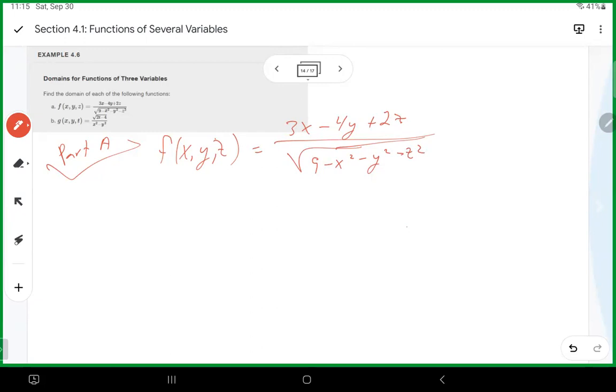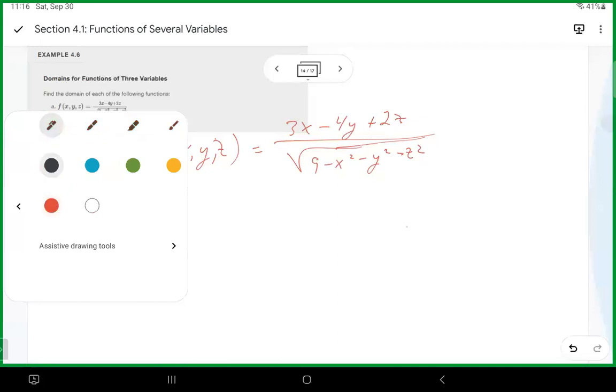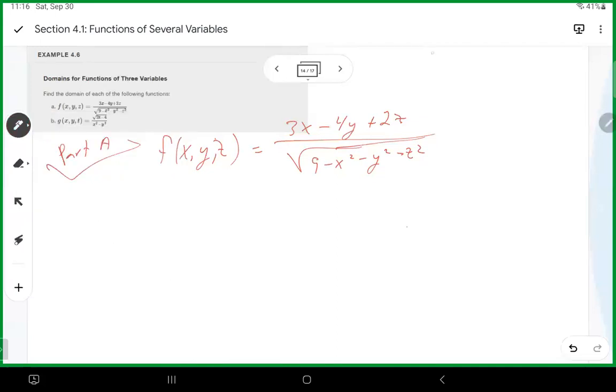Okay, so for the function to be defined and be of real value, two conditions must hold true. The first one is that the denominator cannot be 0, and the second is that the radicand cannot be negative. Combining these two conditions leads to the following inequality. So let me write those conditions for you.